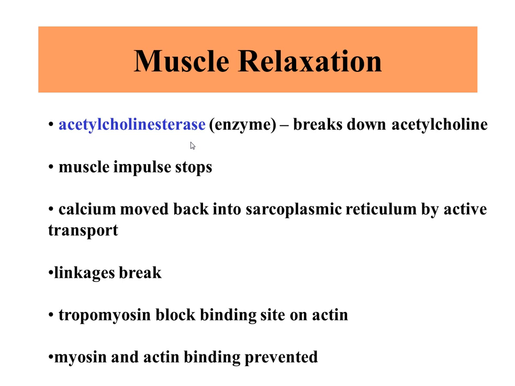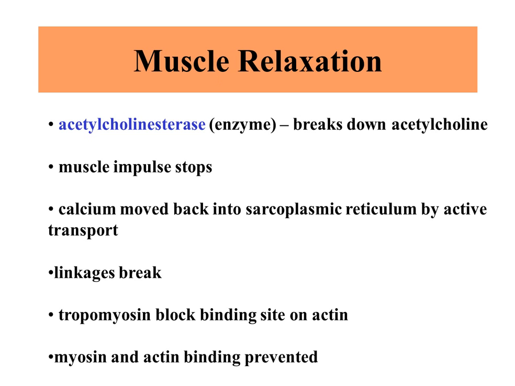If, as I said before, acetylcholine stays present and you have calcium and ATP, you can have cross-bridging, but you don't need a continuous muscle contraction. You must have muscle relaxation. If you have calcium and ATP and the presence of acetylcholine, you're going to have continuous muscle contraction.